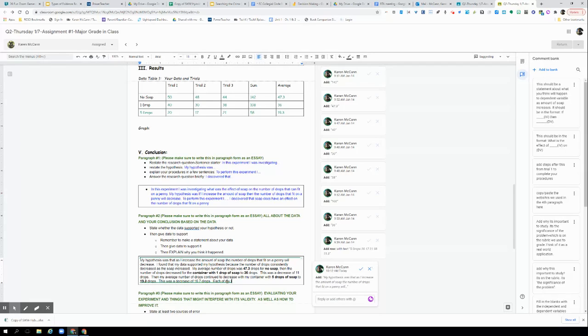Each of my trials also consistently followed the trend, that's fancier, as the amount of soap increased, the number of drops decreased.